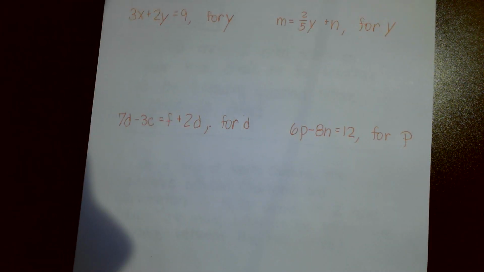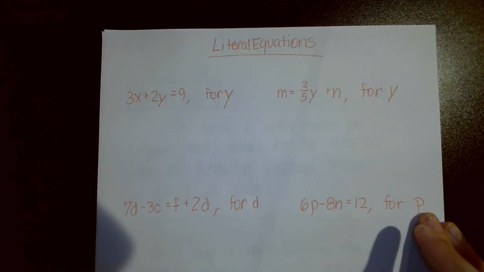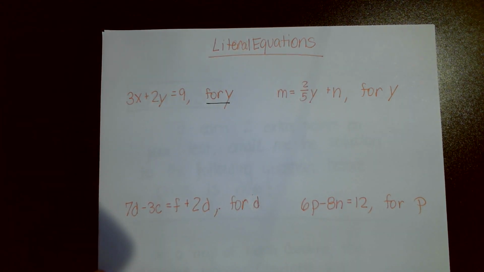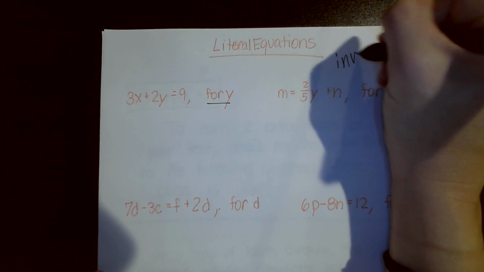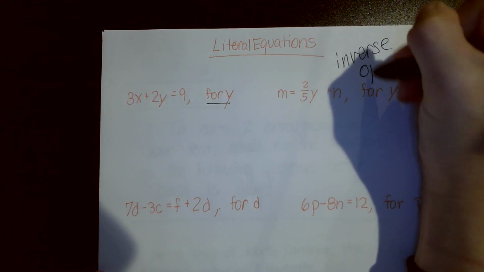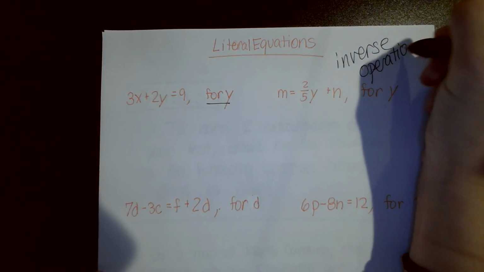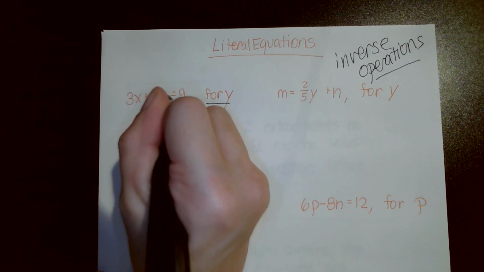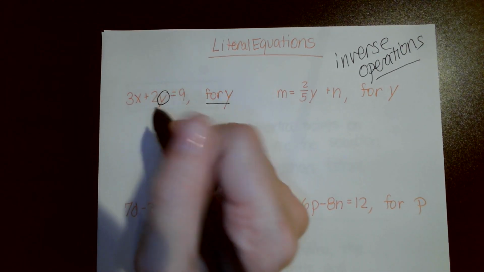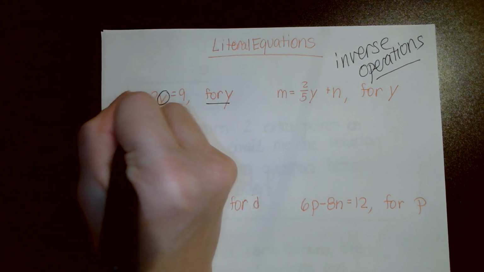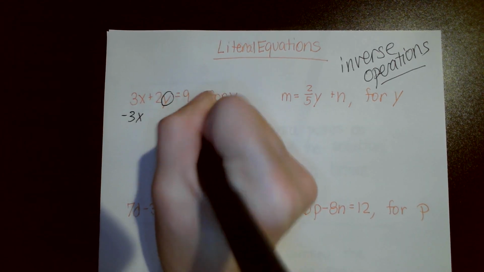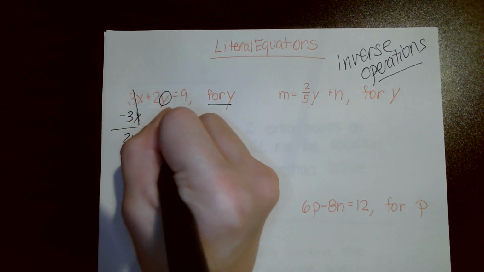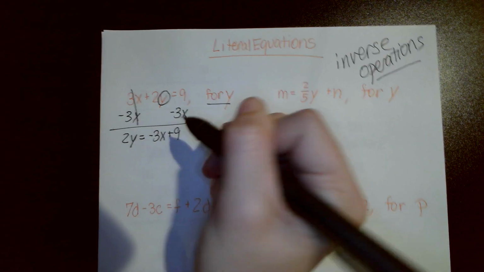All right, last section, our literal equations. They're going to tell us a variable to solve for. We use inverse operations to do so. So if I'm solving for y here, I want the y alone. So I first need to move the 3x to get y equals negative 3x plus 9.